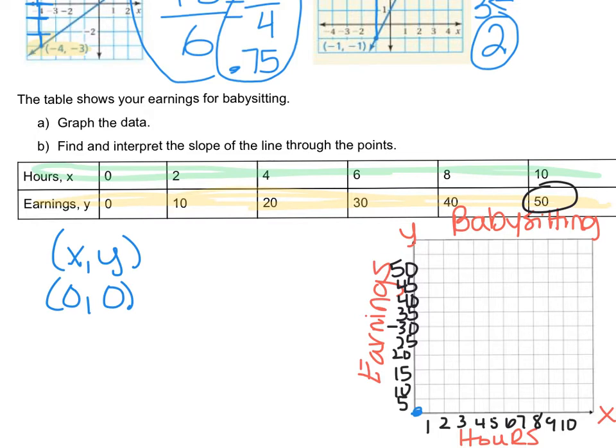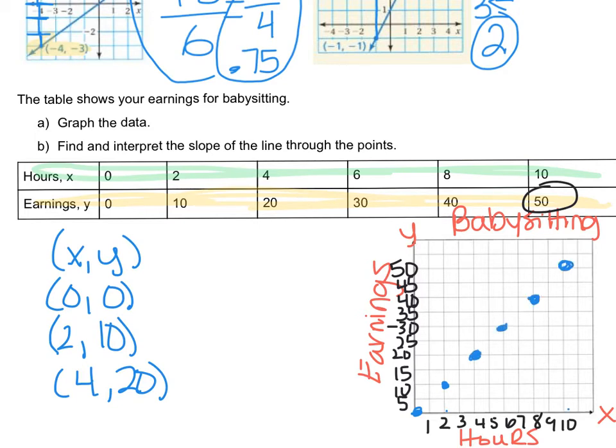Then our next point, our x is 2, and our y is 10. So you're going to go over to the 2 and up to the 10, okay? And we're going to do that with all of the points. So 4 and 20 and so on. So go ahead and graph those points.